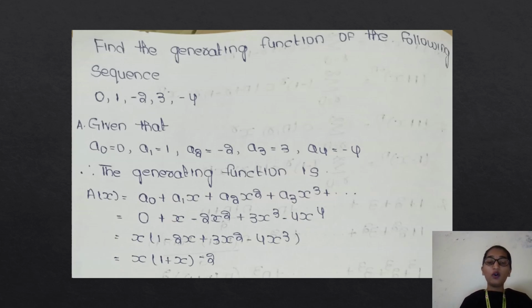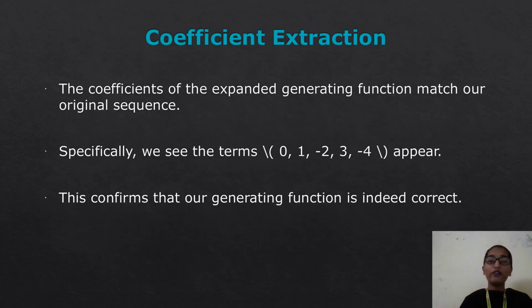Here a0 is 0 plus a1 is 1 into x minus a2 is minus 2 x square plus a3 is 3 x cube minus a4 is minus 4 into x power 4 plus and so on. Taking x common, x into 1 minus 2x plus 3x square minus 4x cube, which is x into (1 plus x) whole power minus 2.